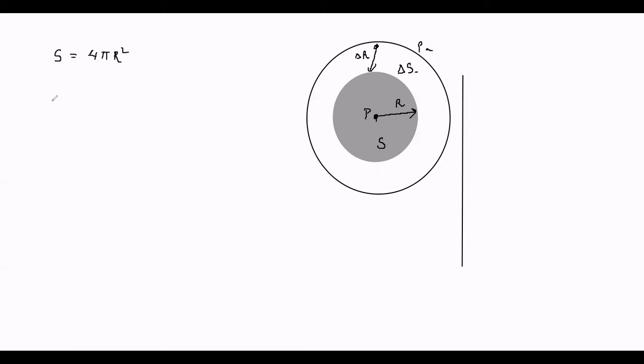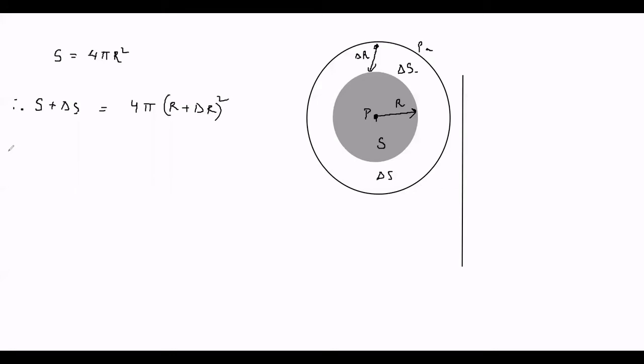Therefore, the final surface area will be this surface area plus delta S, the final surface area of this final bubble. So I will calculate that. That is equal to S plus delta S, which becomes 4 pi (R plus delta R) square.